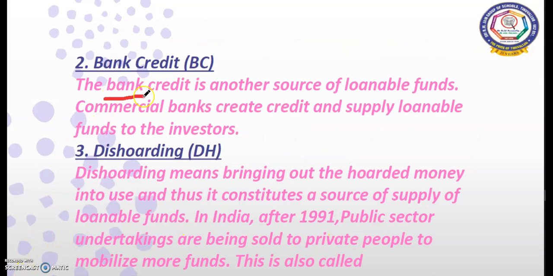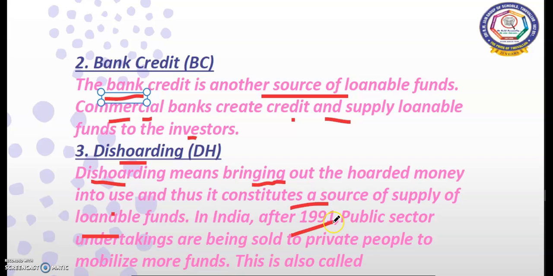Now bank credit is another source of loanable funds. Commercial banks create credit and supply funds to the investors. Next one, dishoarding. It means bringing out the hidden money into use, and thus it also constitutes a source of supply of loanable funds. In India, after 1991, public sector undertakings are being sold to private people to mobilize more funds.